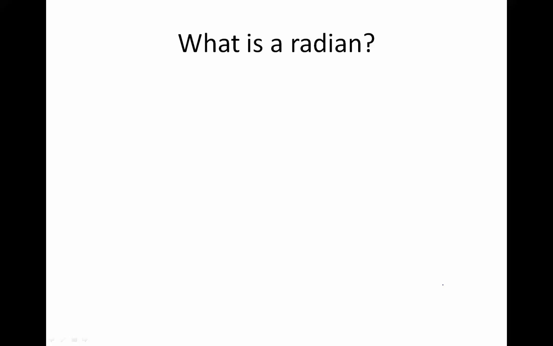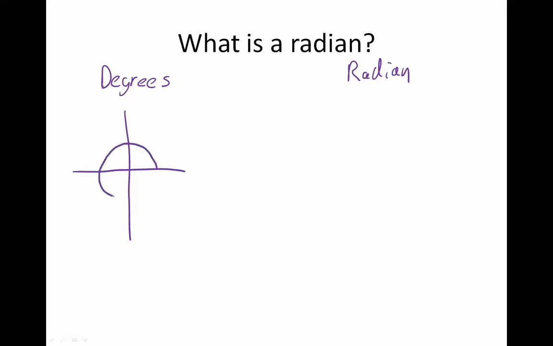What is a radian? A radian is another way of measuring an angle. So let's give an example of this. Degrees are a measurement that looks at a circle as 360 degrees. And we know that that's broken up into 90, 180, and 270.